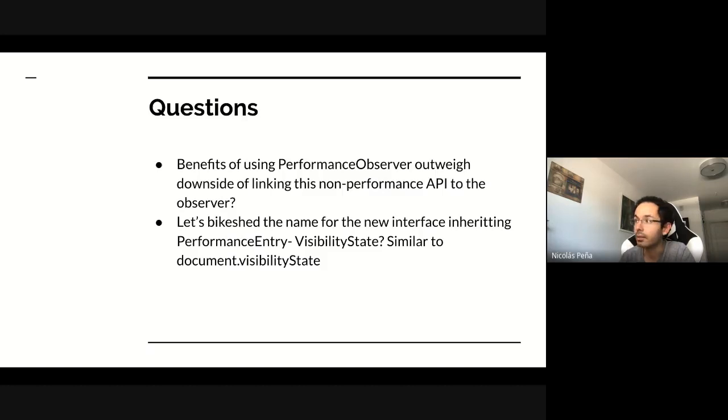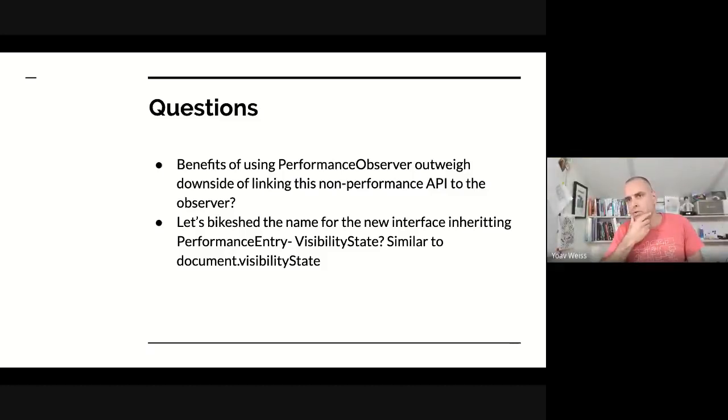Oh, and I did notice the page visibility spec already defines visibility state as an enum. I don't know if we can define an interface with the same name. I'm not sure if it's already a defined thing.